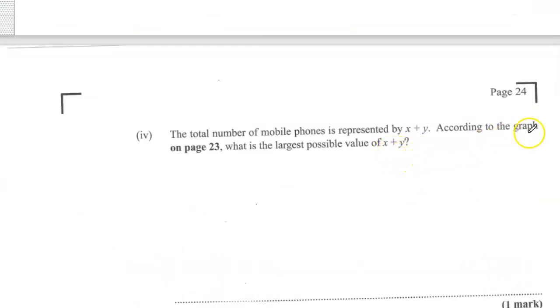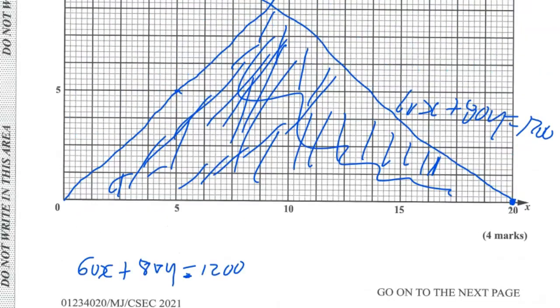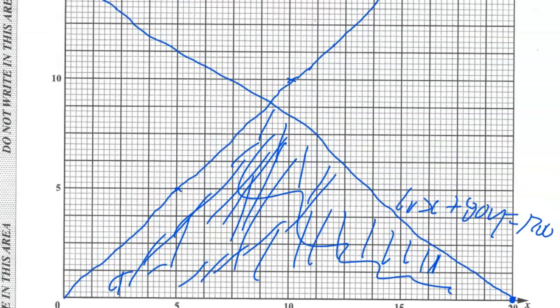According to the graph on page 23, what is the largest possible value of x plus y? Let's go back to the graph to see if we can find the largest possible value of x plus y. Alright, total number of mobile phones, x plus y.